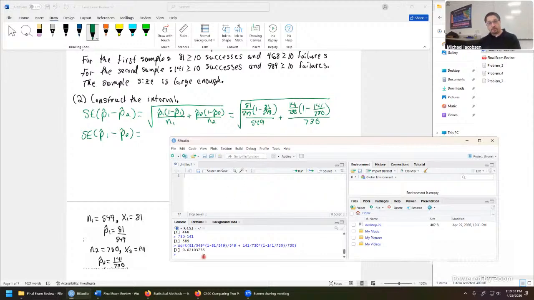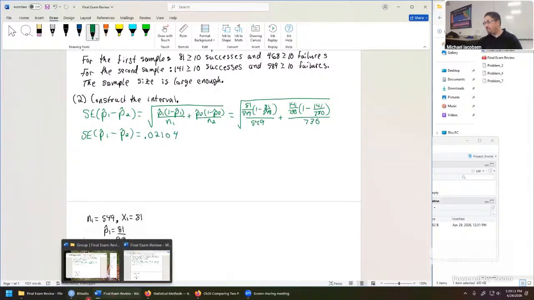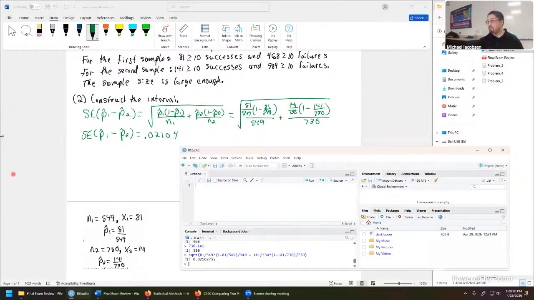Typical accuracy here is to go for something like 5 significant digits and you'll be in good shape. So I'll carry in 0.02104. I mean, that's not quite 5 significant digits. Maybe let's go a little bit further. 0.021038, a little bit more accurate.